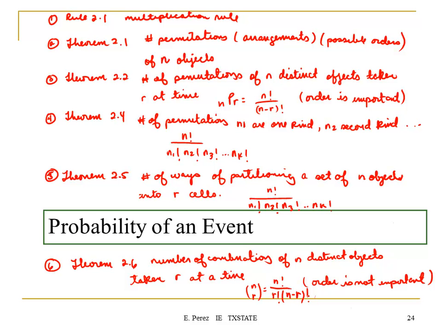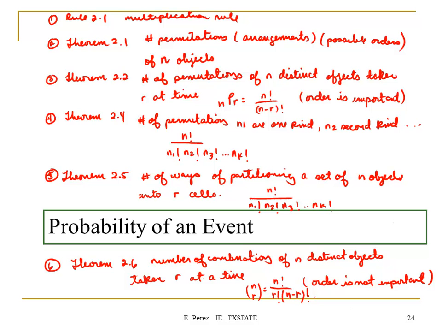So you see these two expressions are very similar. The only difference is that this one does not consider the order, and for this one, the order is taken into account. Okay? So 2.2 and 2.6 are similar. What should you expect in terms of the number of outcomes?